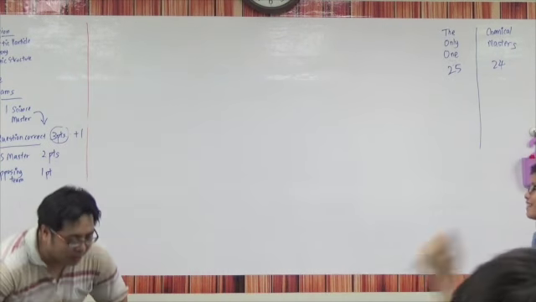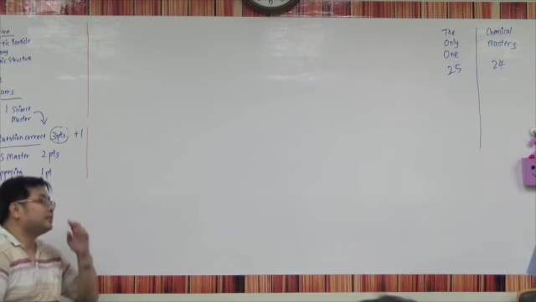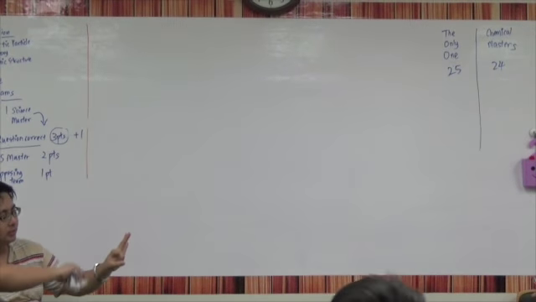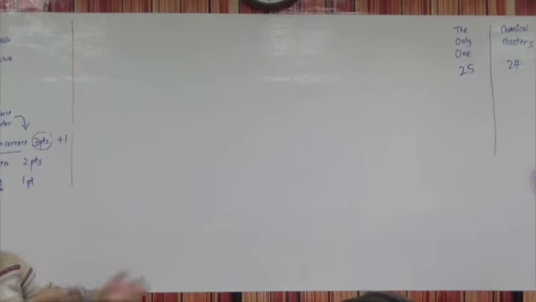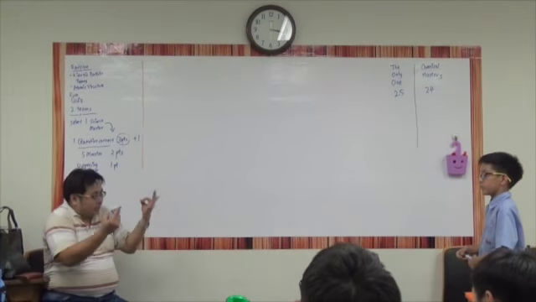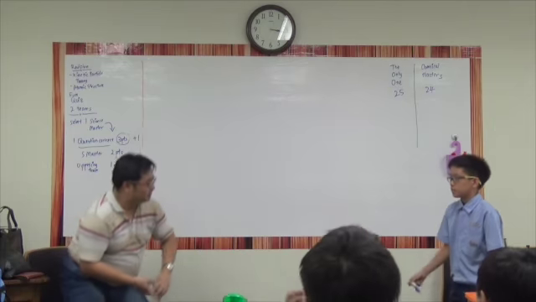Okay. So we learn in bio. There are 3 processes of how substances are moved from one place to another. Correct? All the 3 processes. What are they? Can you tell me? Very good.